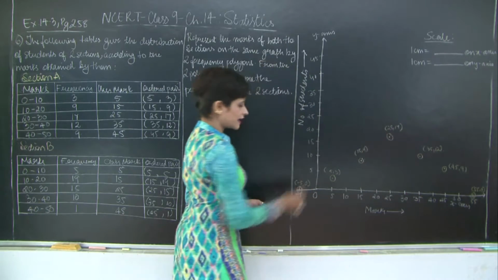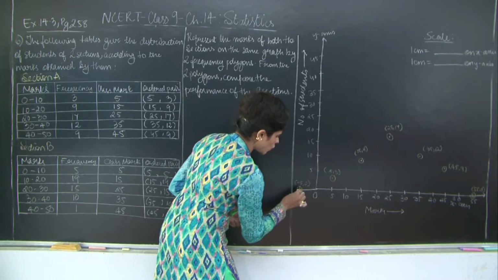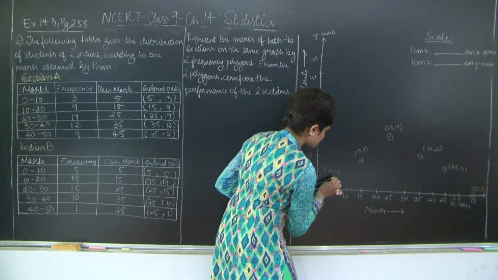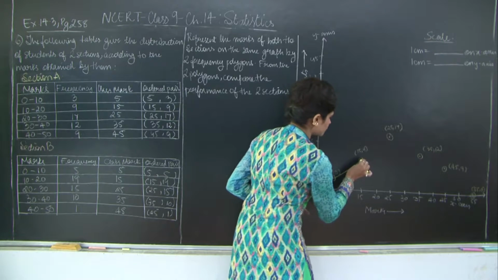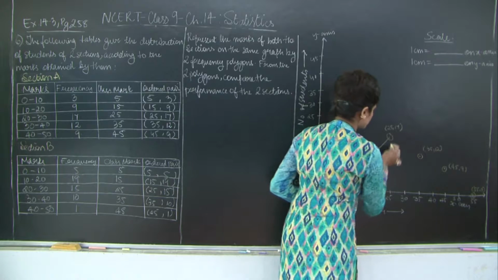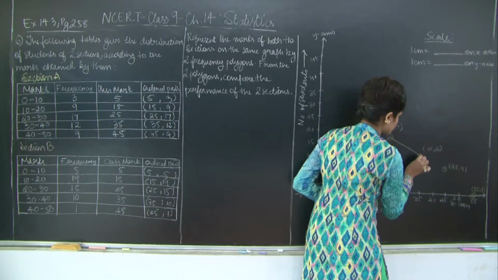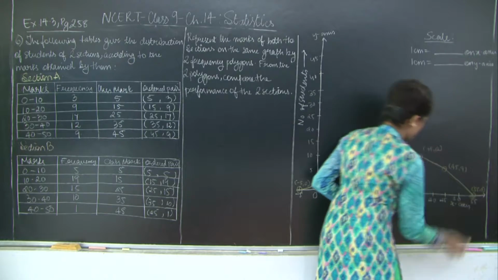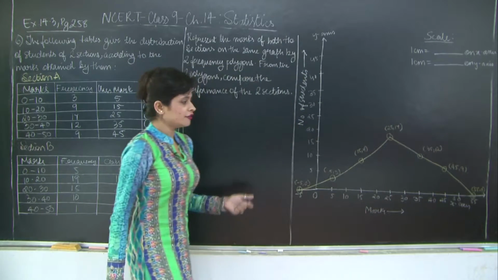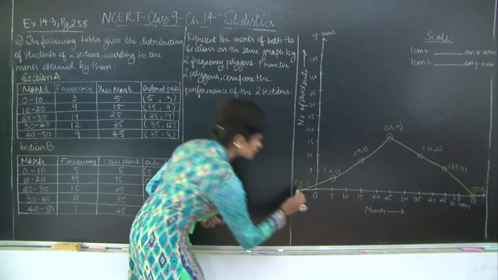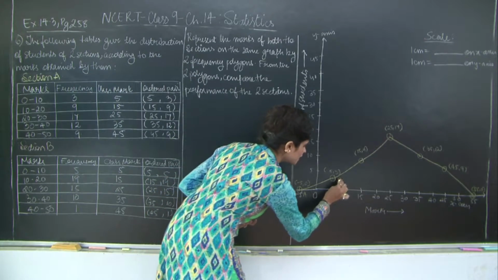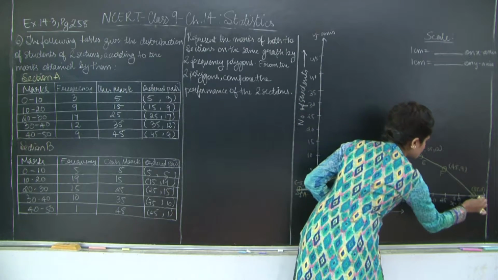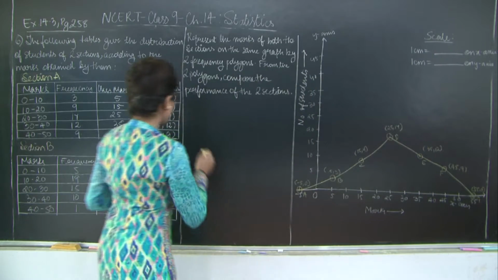Now let's connect these coordinates that we have marked. Make sure you're using a ruler to connect these coordinates, all right? So this is the first frequency polygon for section A. Let's mark it A, B, C, D, E, F, G. And I will just write this down here.